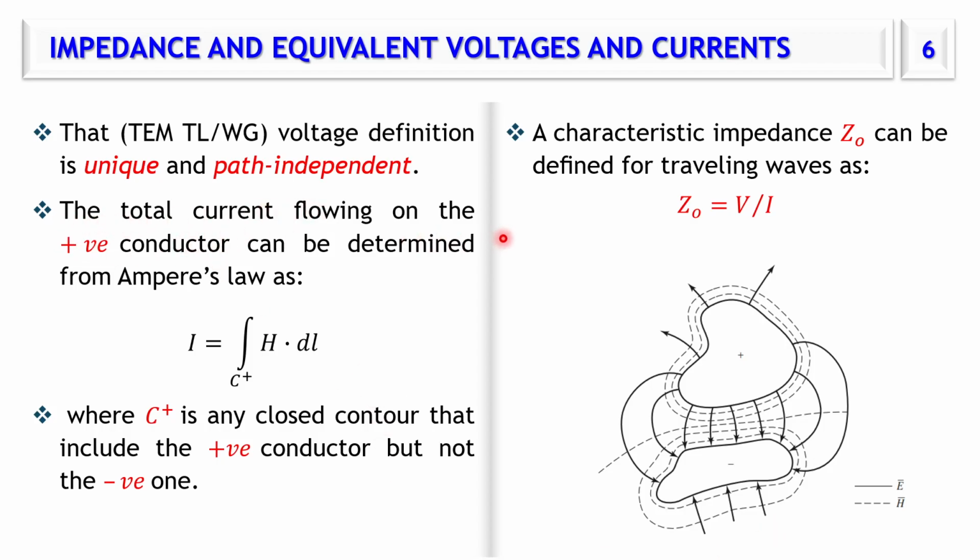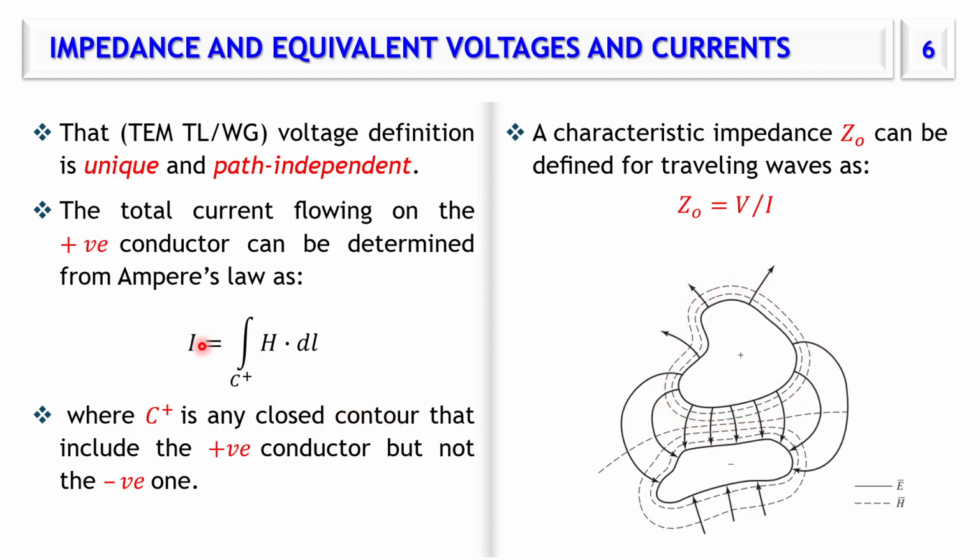the total current can be calculated through Ampere's law by taking any contour that encompasses the conductor carrying the positive voltage and does not include any part of the conductor carrying the negative voltage.